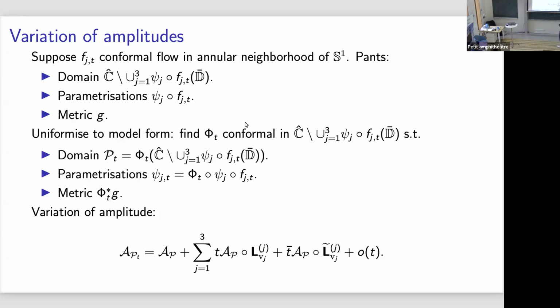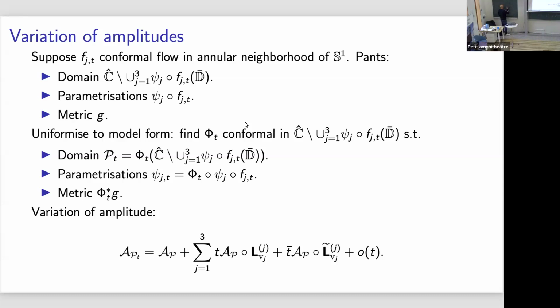To do this, you can perturb the boundary parametrization with maps that are holomorphic near the circle.